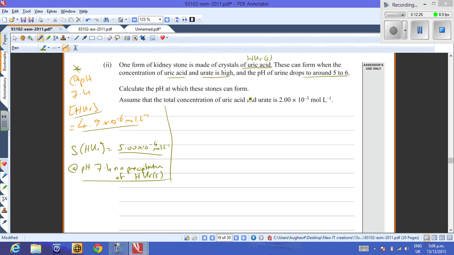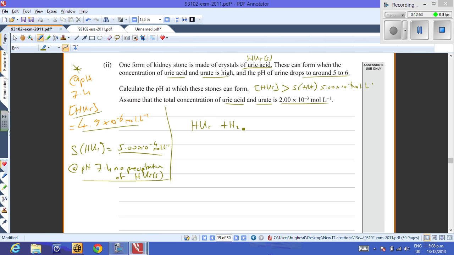So basically we're talking about a situation where the concentration of HUr, or uric acid, is greater than its solubility, which is greater than 5.00 by 10 to the minus 4 moles per liter. So that's the situation here. Assume that the total concentration of uric acid and urate is 2 by 10 to the minus 3 moles per liter in this particular instance. So we write down our equation of interest again.